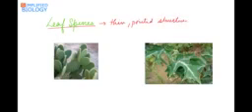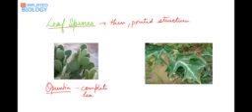Next, leaf spines. In this, the complete leaf or any part of the leaf gets modified into thin pointed structures. In Opuntia, that is cactus, the complete leaf gets modified into a spine, as seen in this figure.